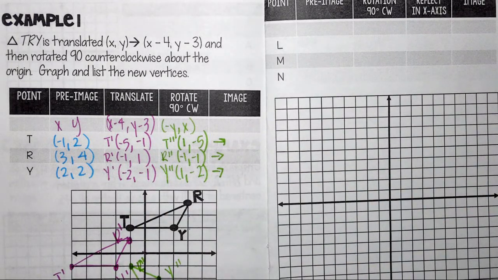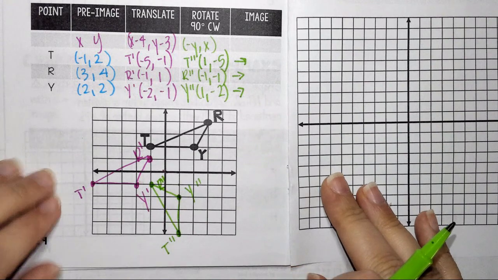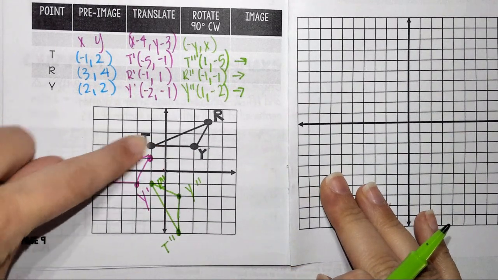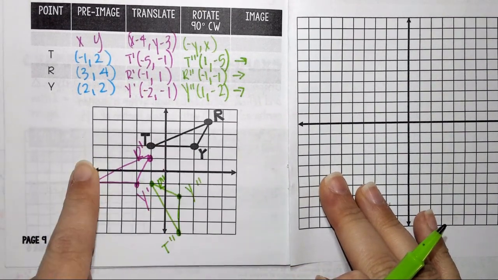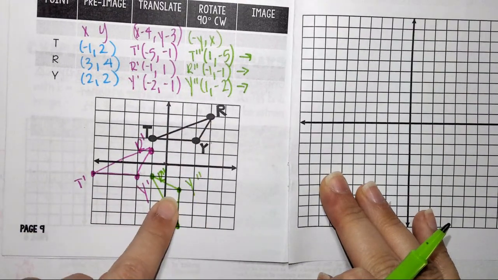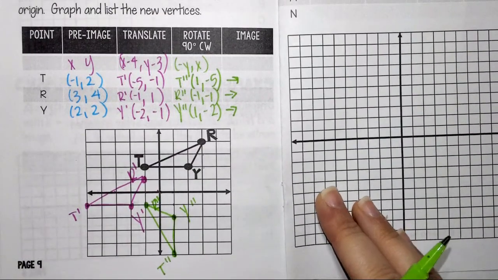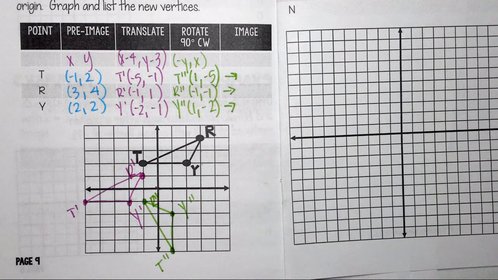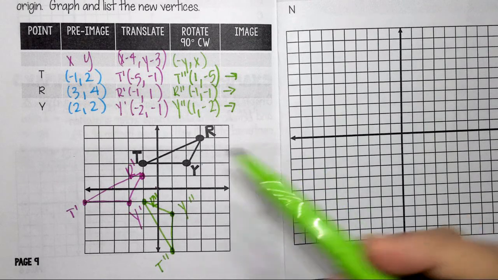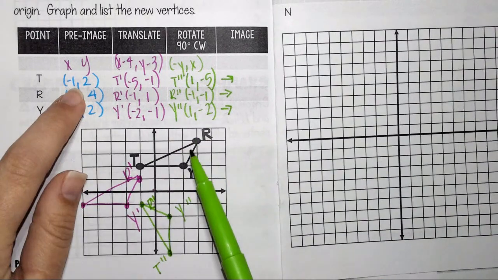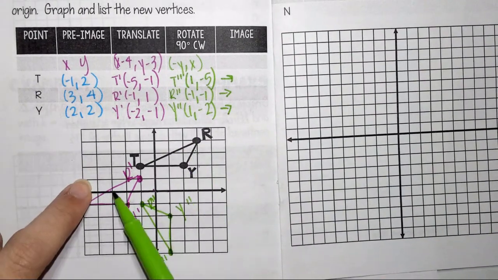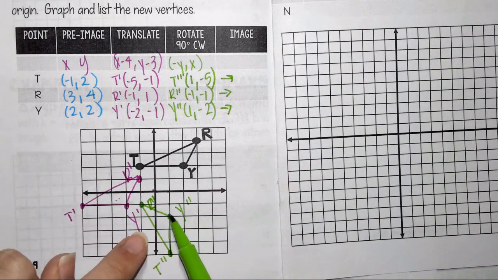Ta-da! So we rotated it 90 degrees counterclockwise or 270 degrees clockwise. So all we're doing here today is putting the transformations that we've learned together into a composition. So we're making more than one move, which is how we went from the blue, our first one, to the pink, our second one, to the green, our final one.